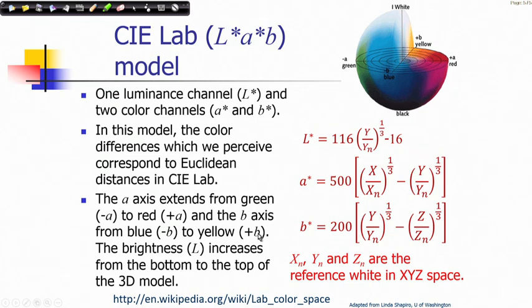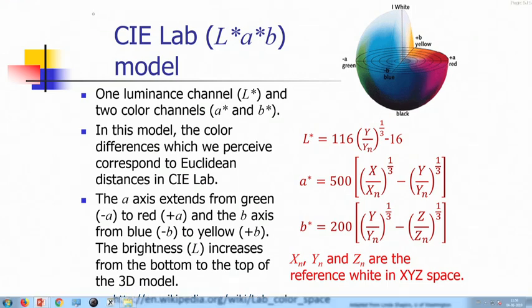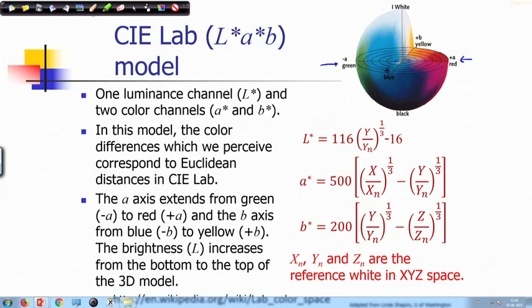Just note that the A axis in this case extends from, it is shown in the figure also. So, this is the A axis, this is the negative direction, and this is the positive direction. So, minus A is green. So, this is a green portion, this is a red. Similarly, for B axis, this is a positive B, and no, this is actually luminance.